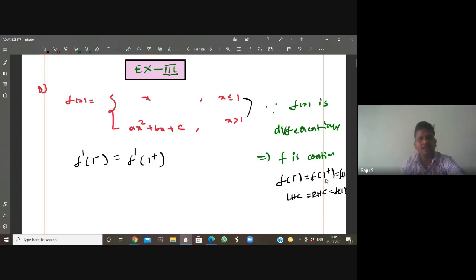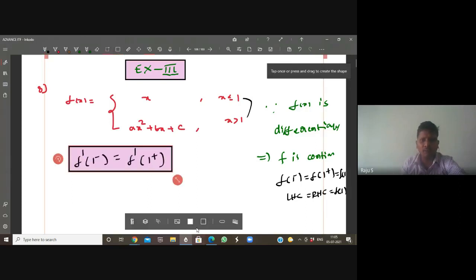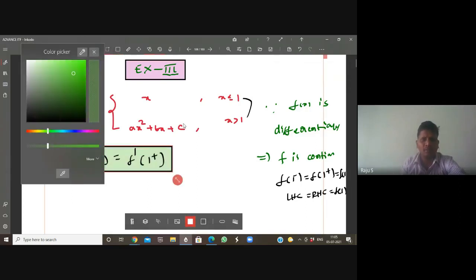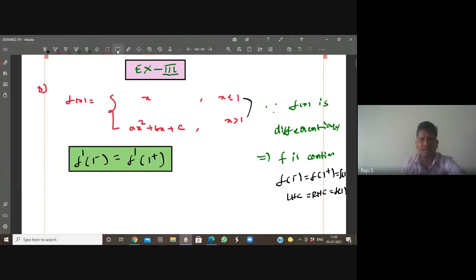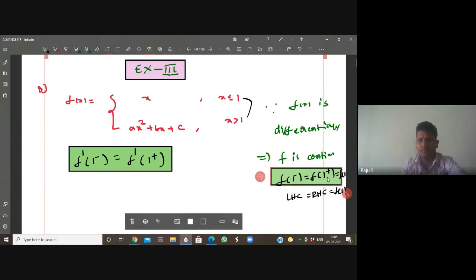So we have two equations indirectly. One is f dash of 1 minus should be equal to f dash of 1 plus, so this is the first equation. Another is f of 1 minus is equal to f of 1 plus, nothing but f of 1.